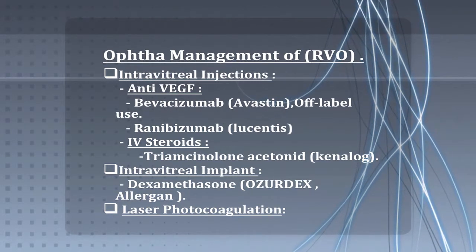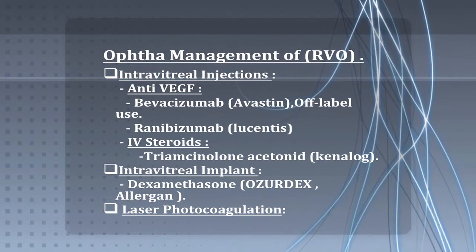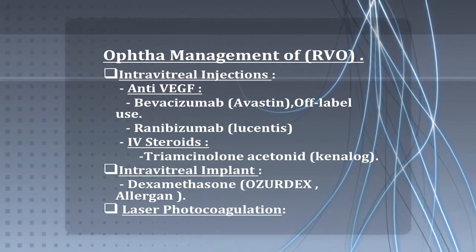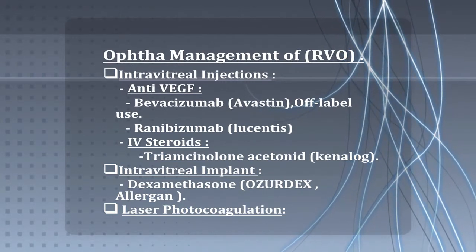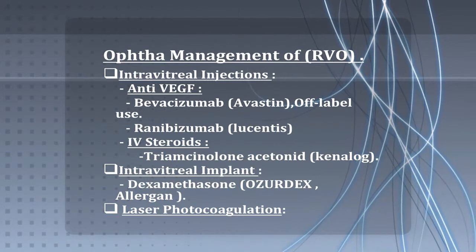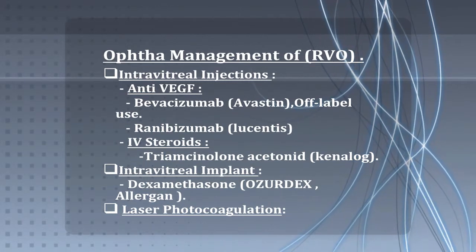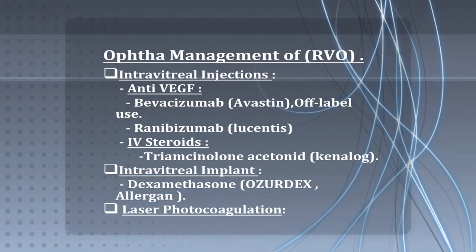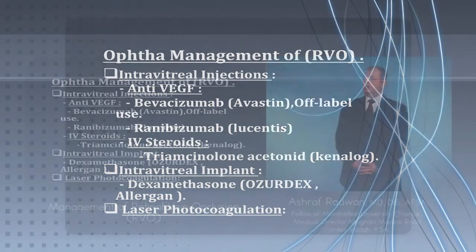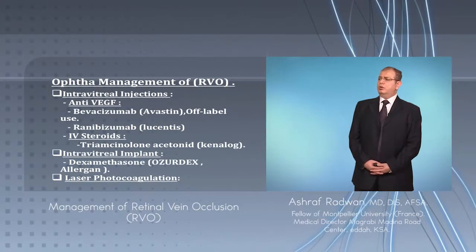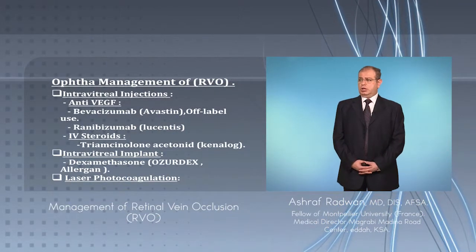These are the anti-VEGF available in the markets, but we still have certain roles for intravitreal steroids in persistent severe cystoid macular edema associated with the retinal vein occlusion. We still use triamcinolone acetonide or Kinalog as an intravitreal injection.